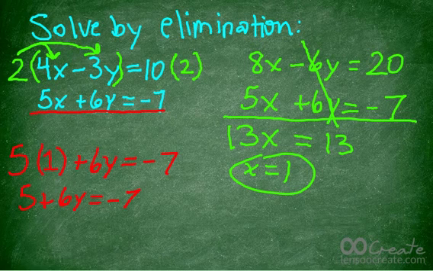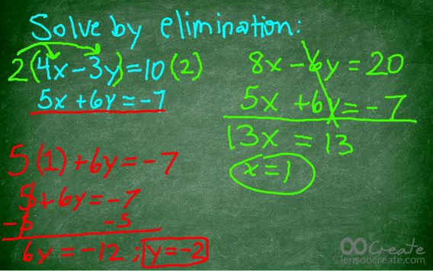Alright, now this should just be second nature by now. Subtract 5 from both sides. Those cancel out. We have 6y equals -7 minus 5, which should be -12. Just by looking at it, you can tell that y is going to have to be equal to -2. 6 times 2 is 12, but 6 times -2 is -12.